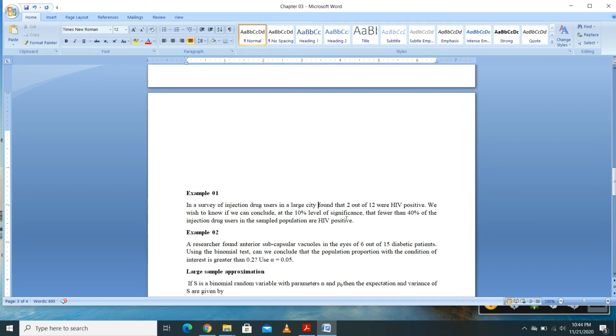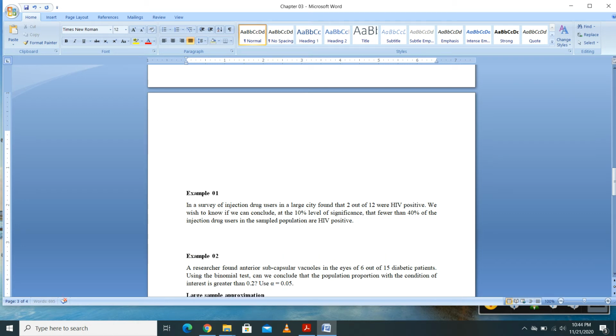So after reading the question, the first thing is we have to write down the hypothesis. In this case, I'll take p as the proportion of the drug users who are HIV positive, right?